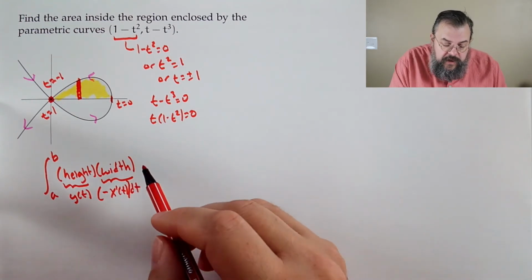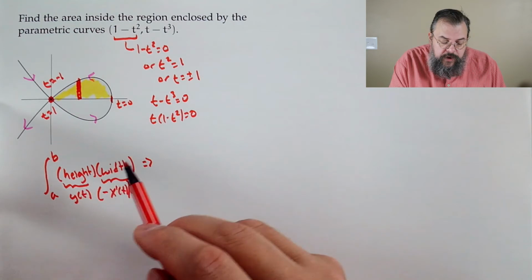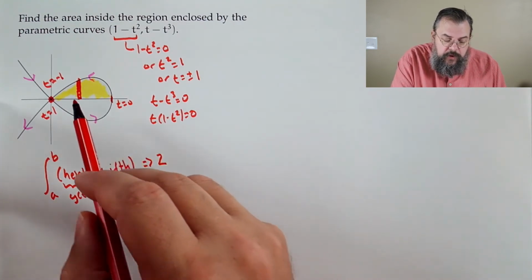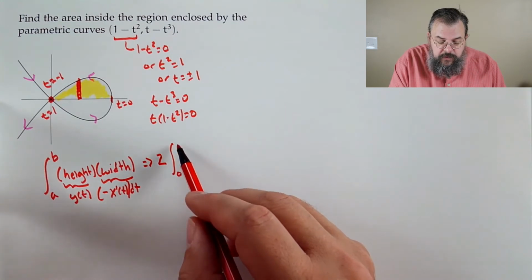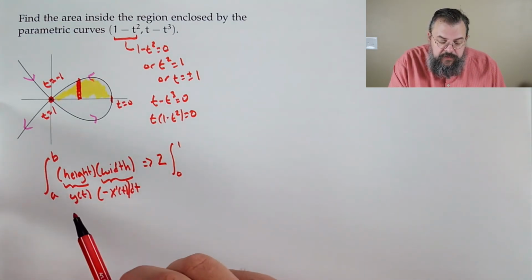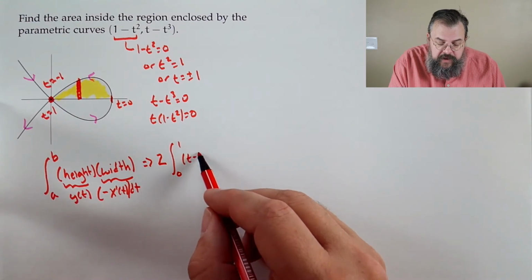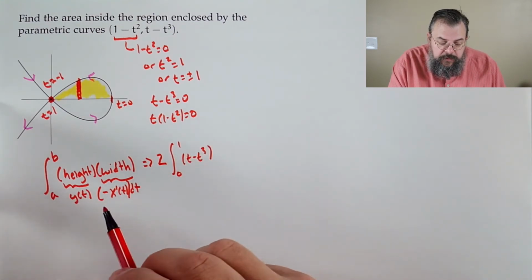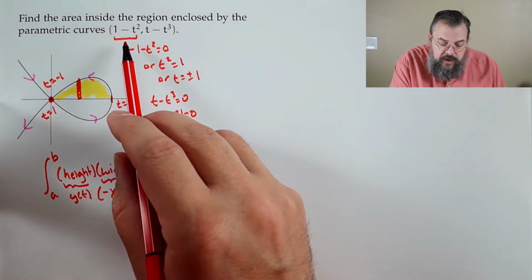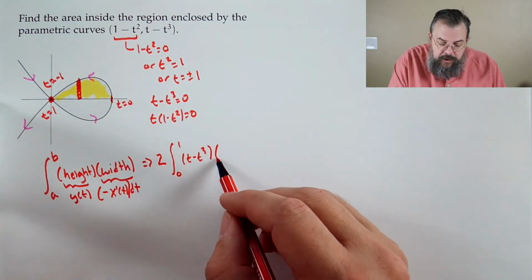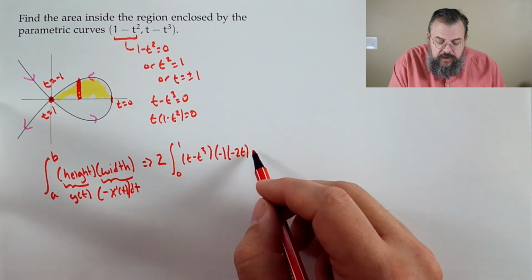Now finally, we're going to double, because we're only doing the top half, integral 0 to 1, and then we have our pieces. Our y of t, t minus t cubed, then we take minus x prime of t. That's a minus, and x prime of t is minus 2t dt.